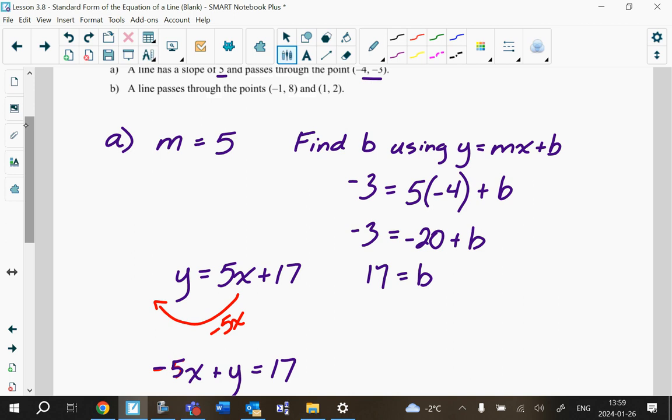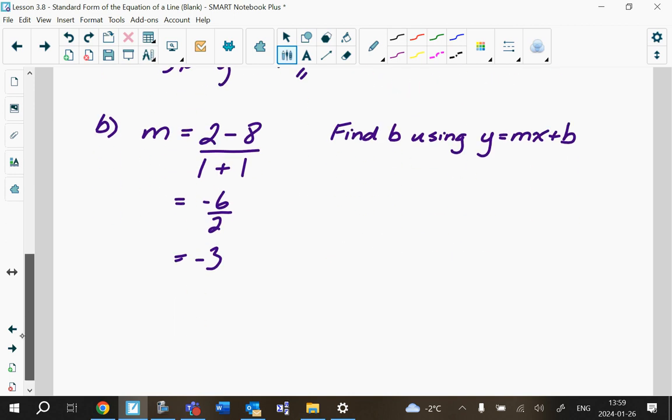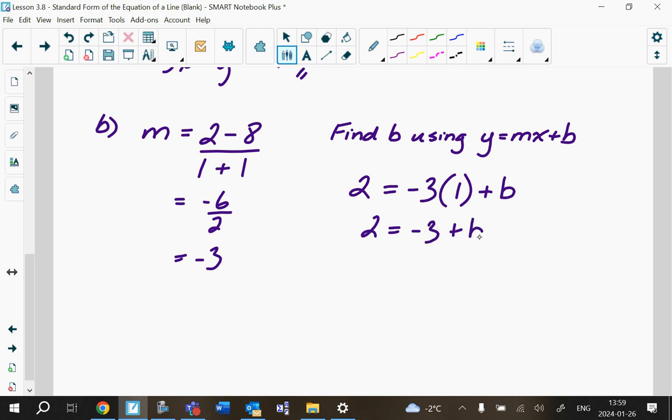When you plug it in, you would get 2 equals -3 times 1 plus b. Therefore, 2 is equal to -3 plus b. So b will be 5. And our equation will be y equals -3x plus 5.